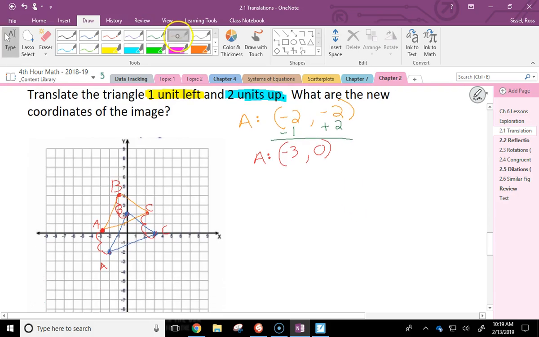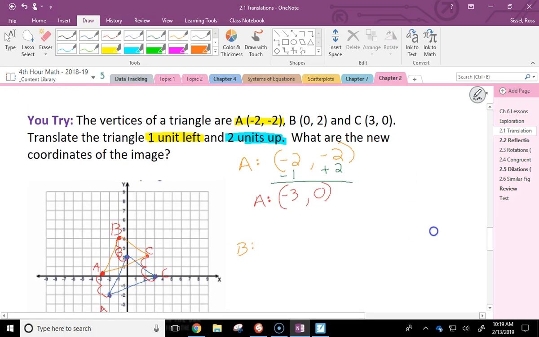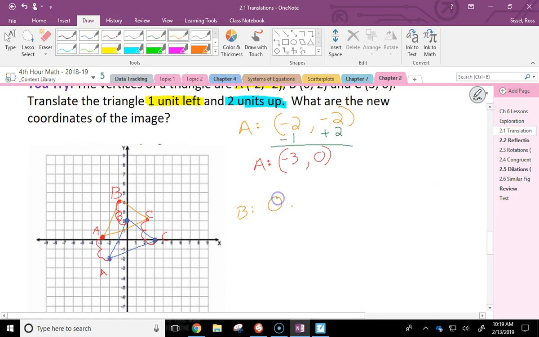If I did B, B's original points were 0, 2. So who can come over and show me how to do method 2 on B? How do I find the new coordinate points using method 2, the addition and subtraction?